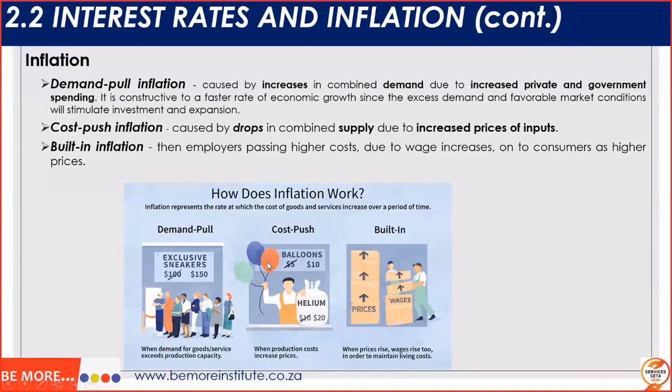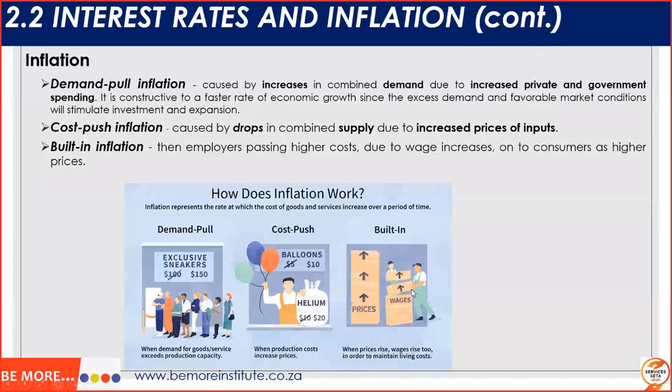The other kind of inflation is called built-in inflation. This is when employers pass higher costs due to wage increases onto consumers as higher prices. So when labor unions go to the bargaining council and negotiate wage increases, that cost is not absorbed by the employer.